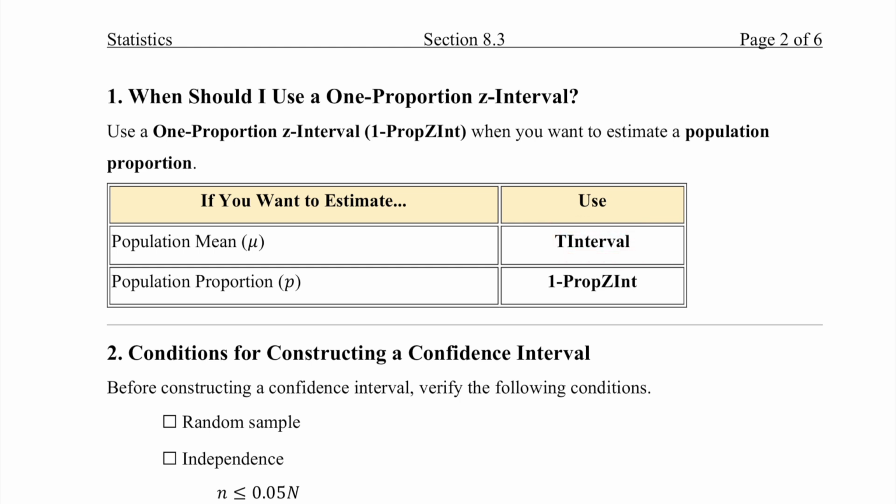If you are estimating a population proportion, use 1-PropZInt on the TI-84 calculator. A quick way to remember this is ask yourself, am I estimating a mean or a proportion? If the answer is a proportion, then use 1-PropZInt.